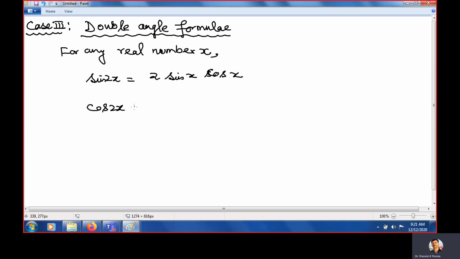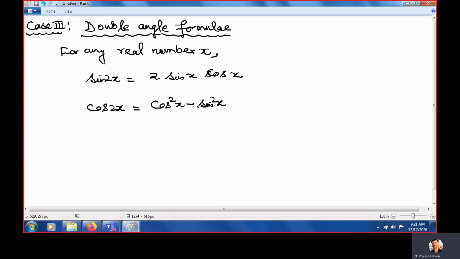But cos 2x has 3 relations. The first one is cos square x minus sin square x. If you want to study mathematics in higher classes, if you do masters in mathematics, then you need to learn these. You cannot depend on the course material.